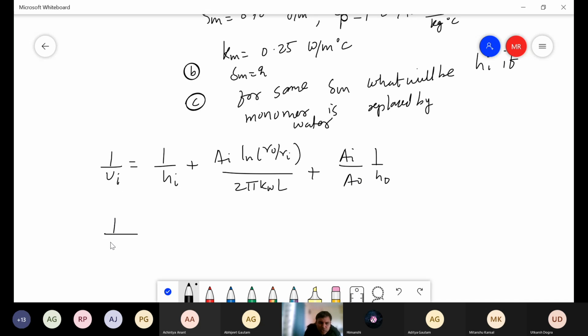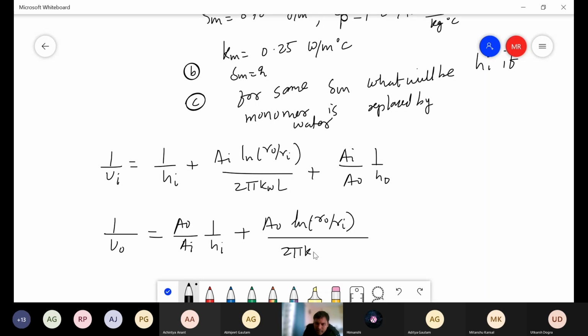If I represent U in terms of the outside surface area, then it becomes Ao by Ai times 1 by Hi plus Ao ln(Ro by Ri) divided by 2 pi Kw L, and this becomes just 1 by Ho, isn't it?